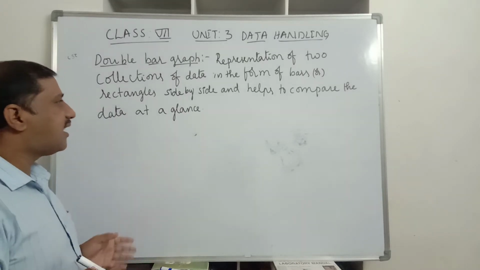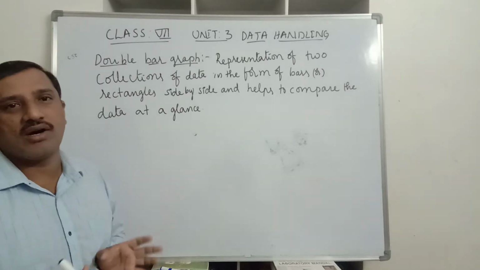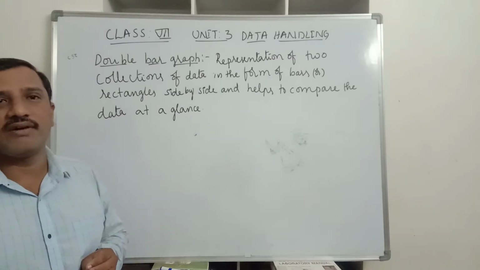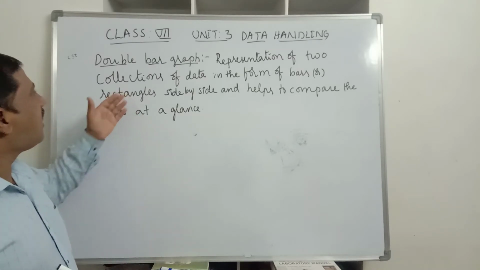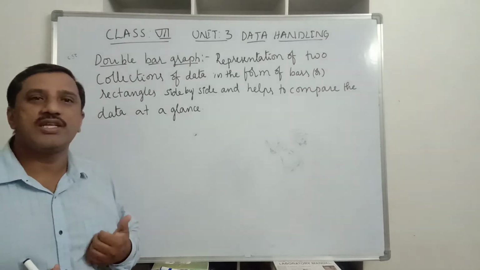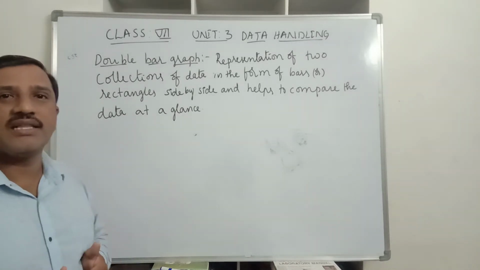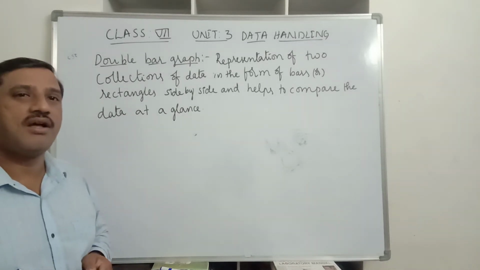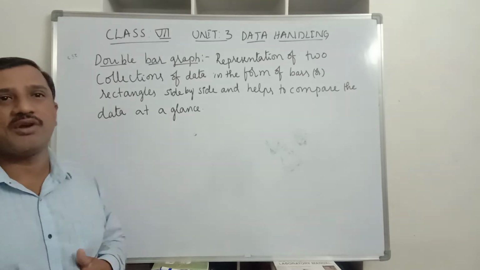Then we will represent the data side by side. We will represent the bars of both collections together, that is called a double bar graph, and we will choose the proper scale to represent the data in the form of a double bar graph. Now we will discuss an example of a double bar graph.